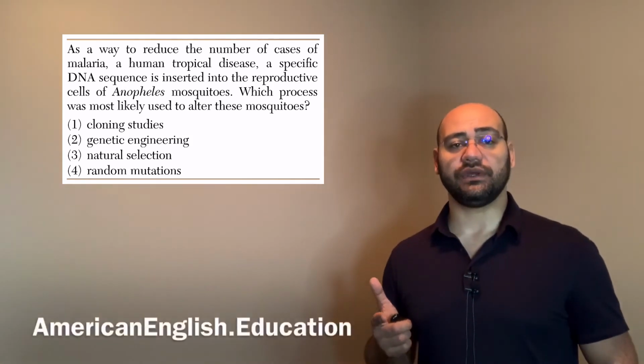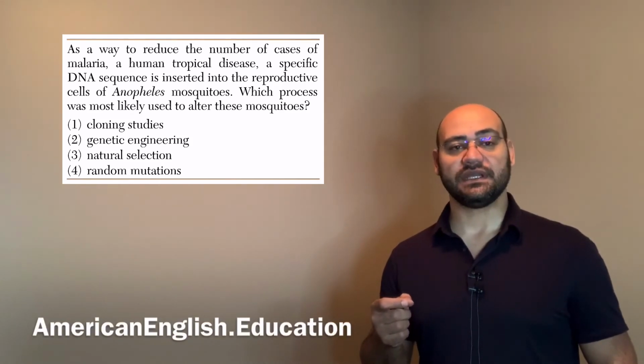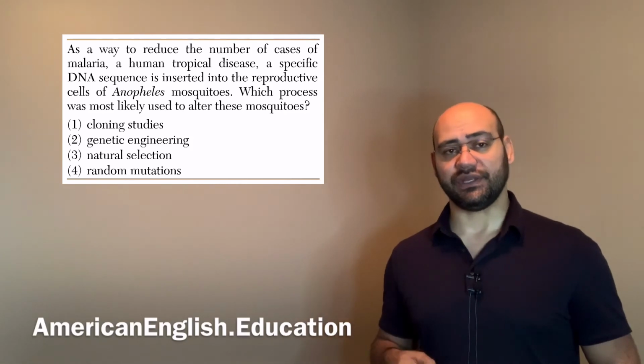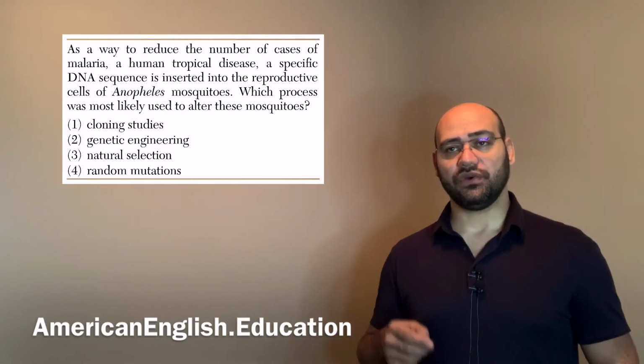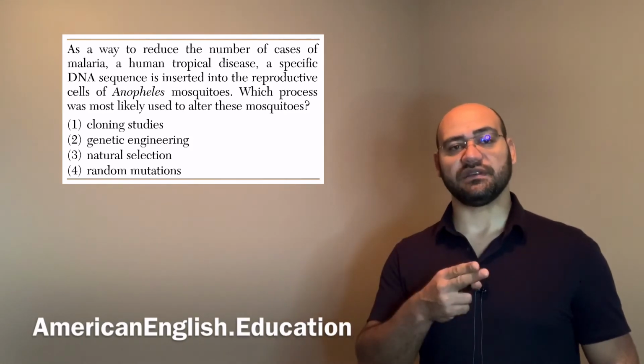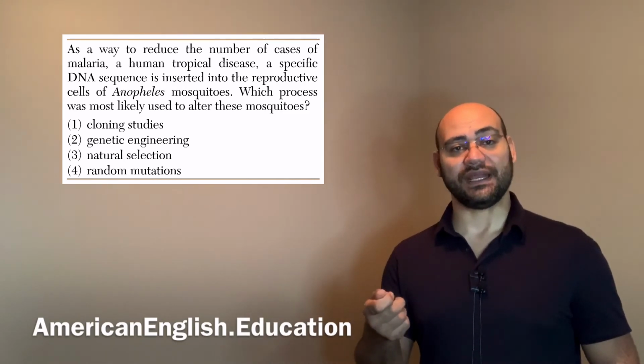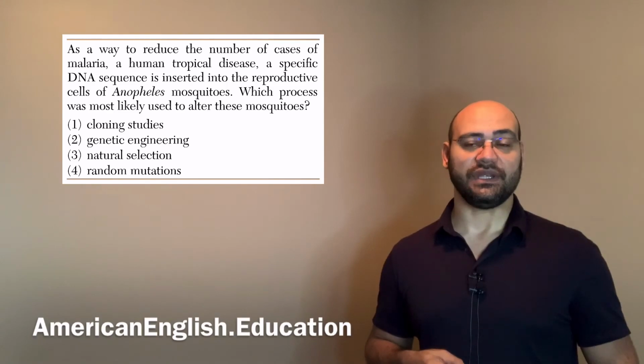The moment you hear a DNA sequence insertion, that sounds like genetic engineering to me. When you cut certain segments of genes and then insert that into another organism, that is definitely genetic engineering. So number 2 is your right answer.